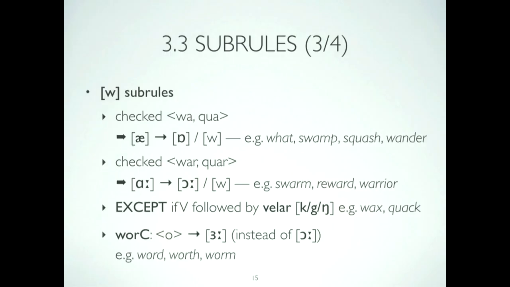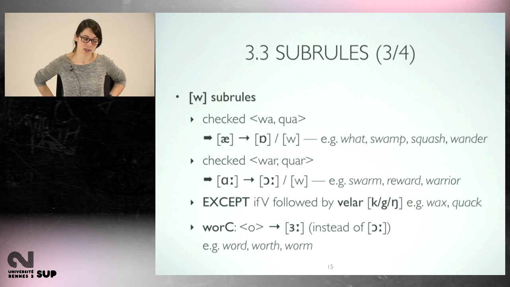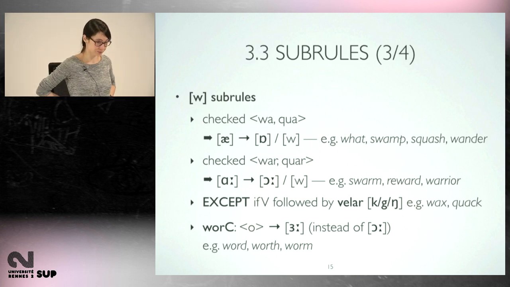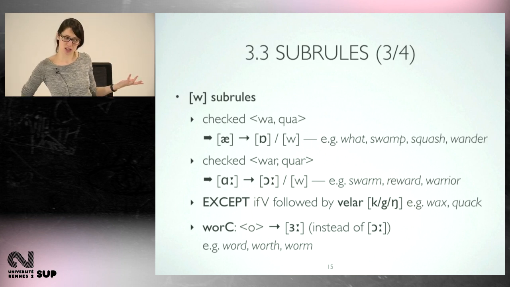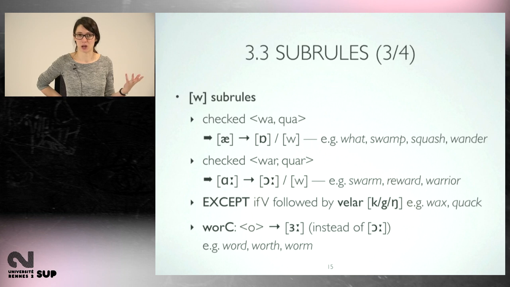Then there's another w sub-rule that applies to words that have the o vowel, and when this o vowel is followed by r and another consonant. In these cases, the o vowel is realized as a different vowel instead of o, which might seem a bit contradictory because the vowel is less rounded than the o vowel.